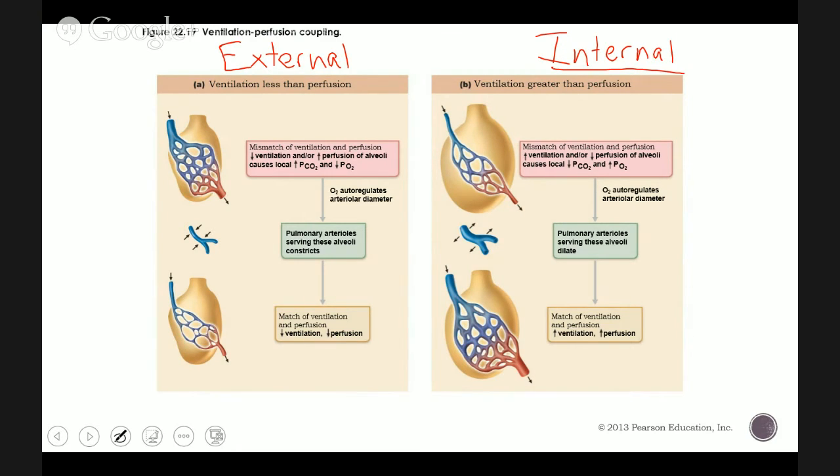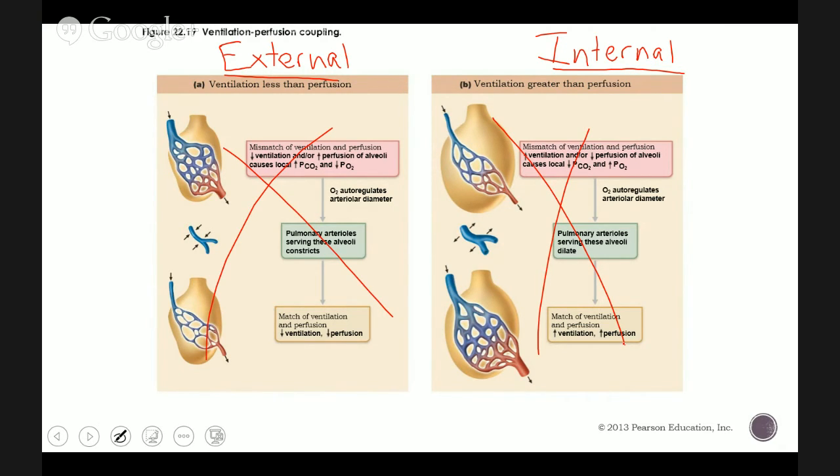Okay. It has nothing to do with these pictures here. I'm just looking for a space to write, all right? External respiration, do you have these definitions here? No, you have internal.